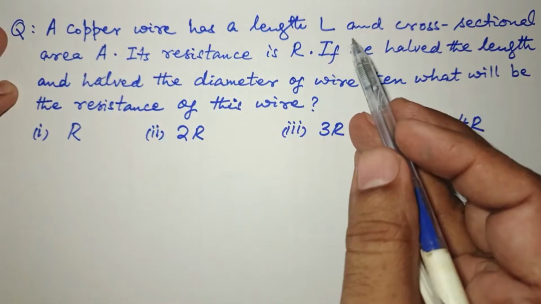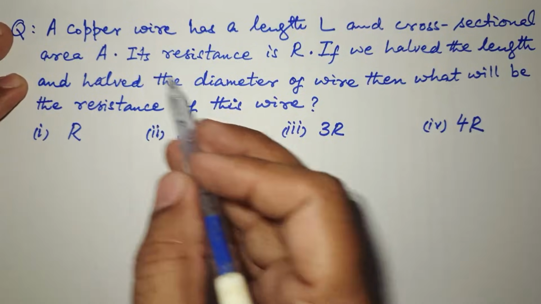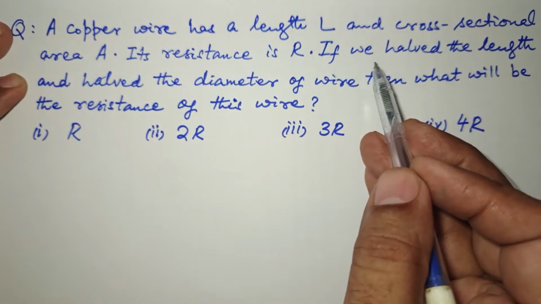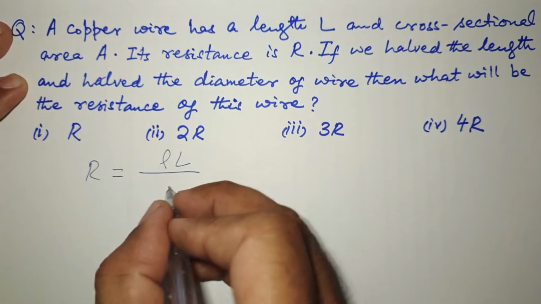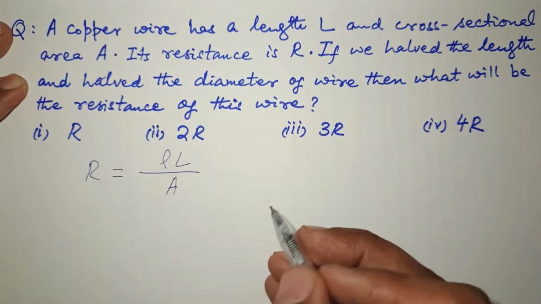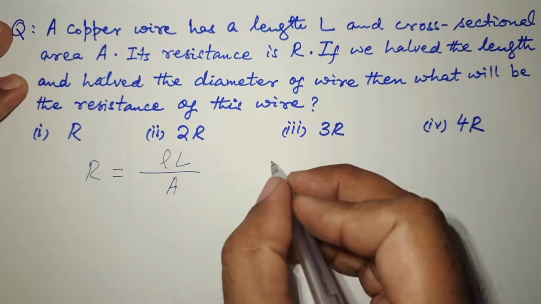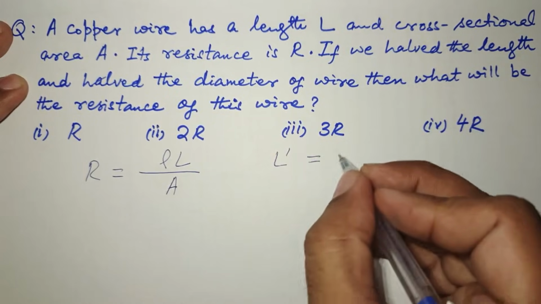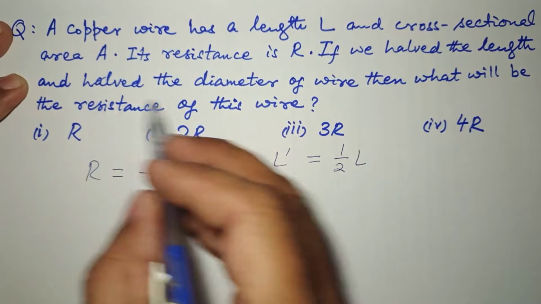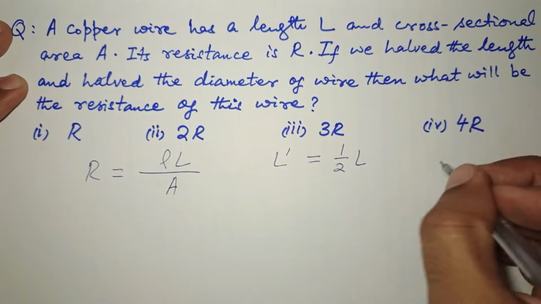A copper wire has a length L and cross-sectional area A. Its resistance is R. We know that the formula for resistance is R is equals to rho L over A. Let this be the first case. If we halve the length, then L prime will become half L, and we halve the diameter of the wire.